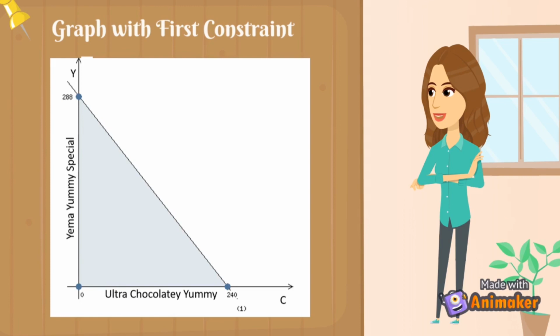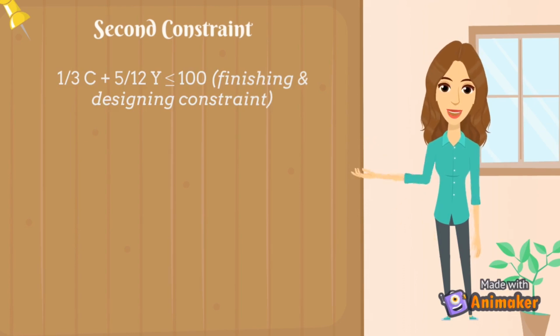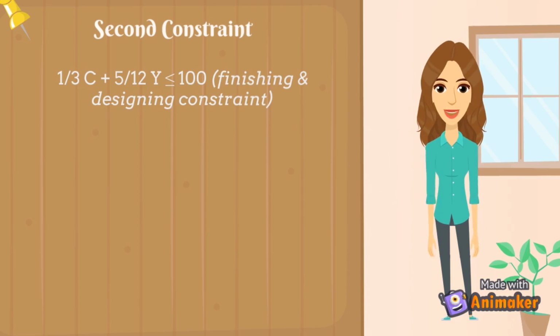As we can see in this graph, the first constraint line can be seen, denoted by line 1. We can see that the shaded region is wide, but we expect that it will be more restrictive when we add the other constraints. For the finishing and designing constraint, we will do what we did with our first constraint. First, we will get the value of y by setting the value of c to 0.